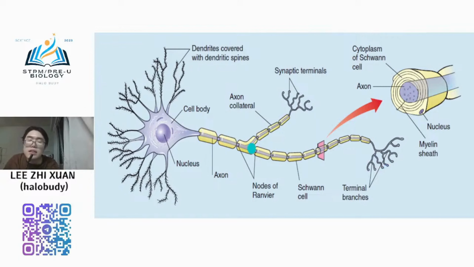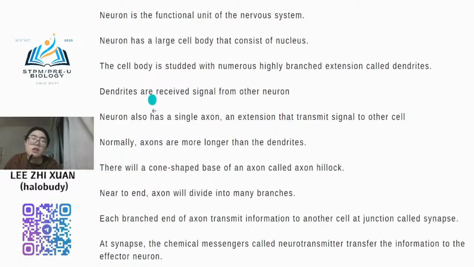So this is a very important characteristic of the nerve impulse, that it is transmitted by jumping from one node of Ranvier to another.